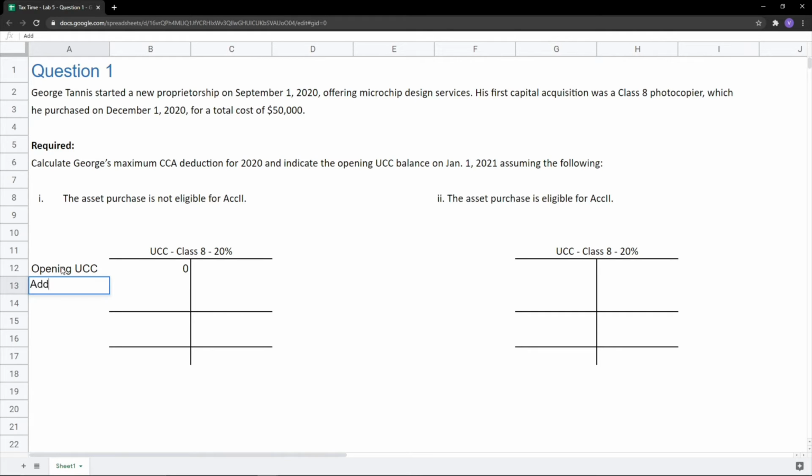The additions for the year are 50,000 and the dispositions for the period are 0. That gives us UCC at December 31 of 50,000, which is the opening balance plus our net additions.